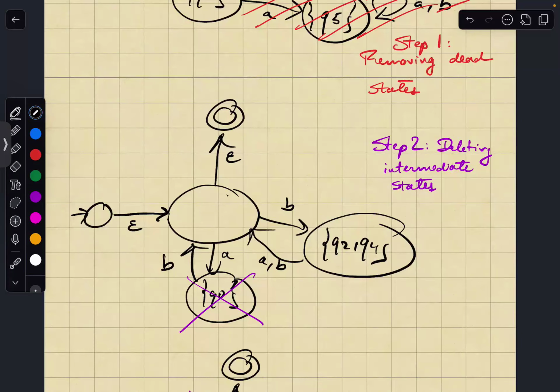You just assume that the information of looping persists up until the end, because the self loop is going to get converted to a star, so then it's okay.